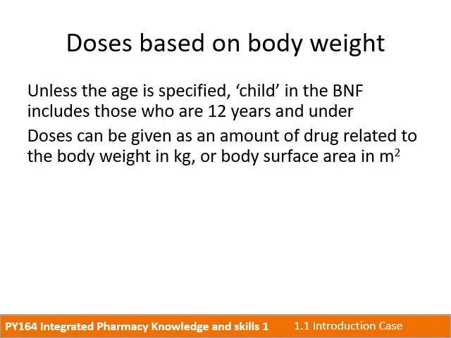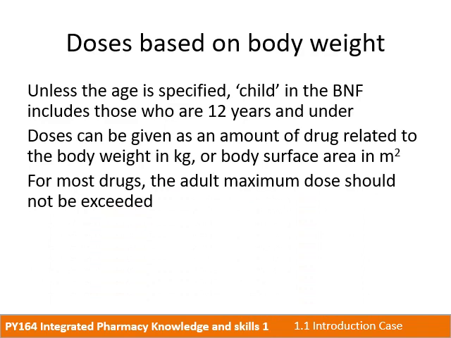Doses of a drug may be given as an amount related to the body weight or body surface area. The body weight would be in kilograms, the body surface area would be in meters squared. There's a number of complex reasons for that which we won't go into. I want you just to trust at the moment this is how it is for now. You will understand that later on in the course.